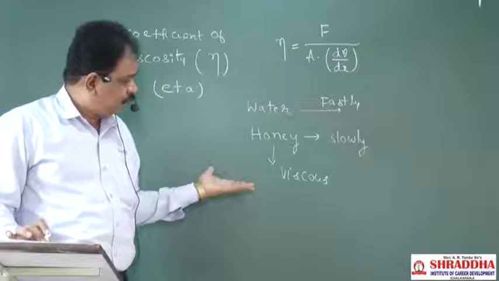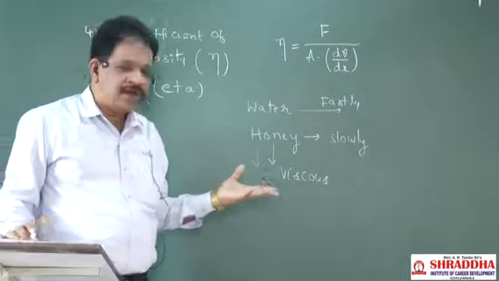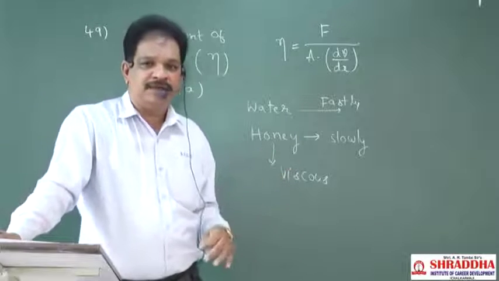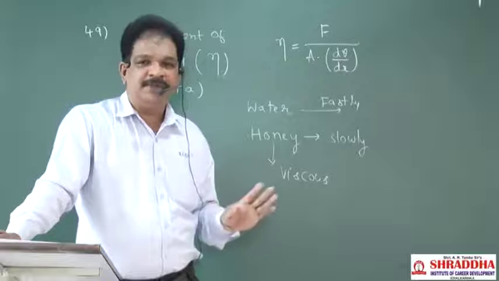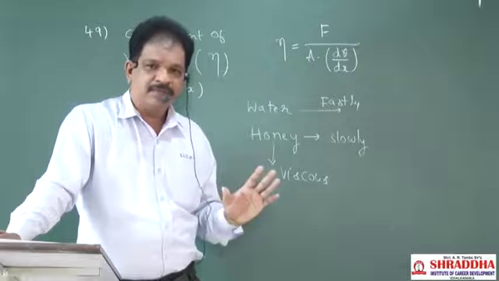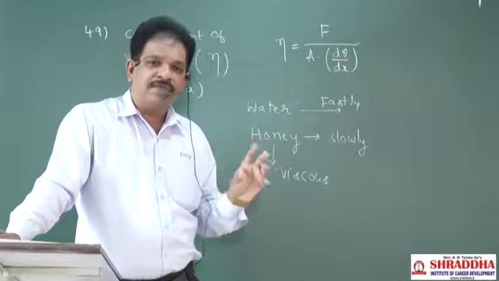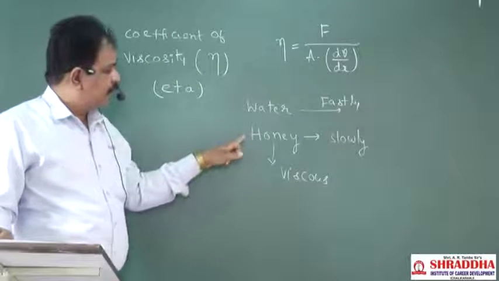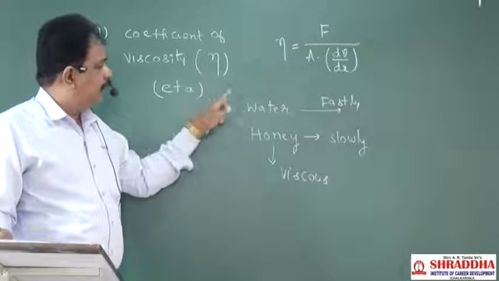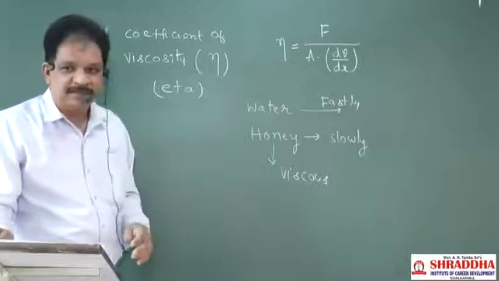Viscosity means, in some fluids, they will oppose their motion by themselves. We are not opposing; the fluid itself is opposing its own velocity. That property will be called viscosity.